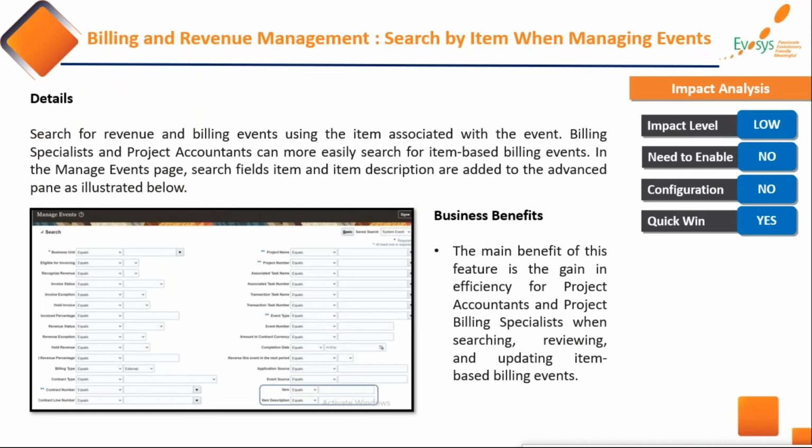This is important for them, because in such industries, whenever they do the billing, they can say that they are doing the billing against this item. But previously, the capability was not there to search your billing event based on item. Now in 22A, in the new release, you can search your billing events by entering the item details.